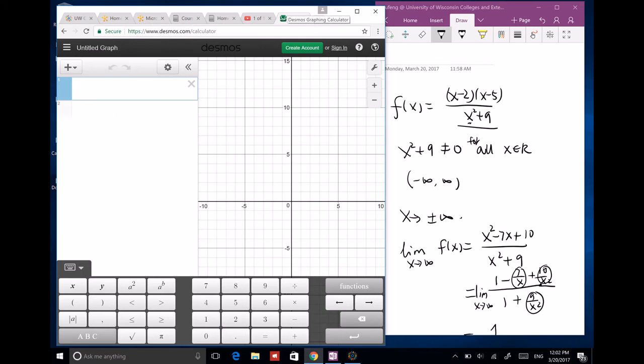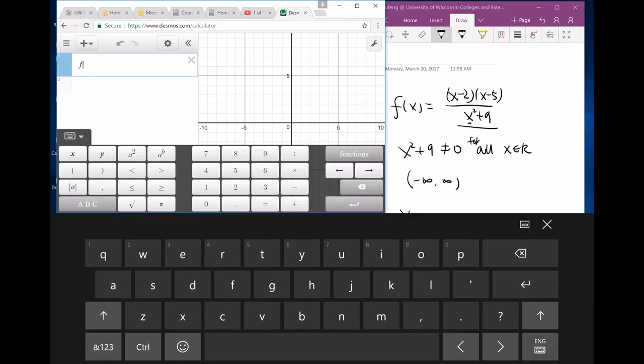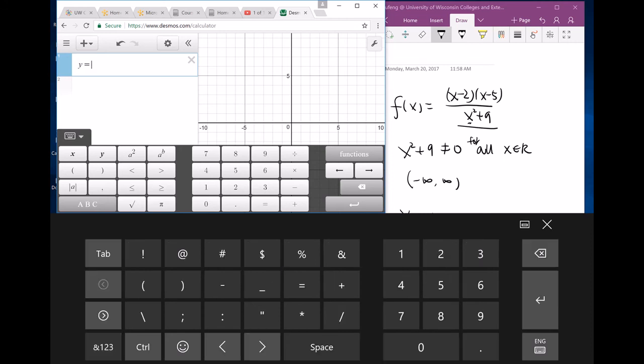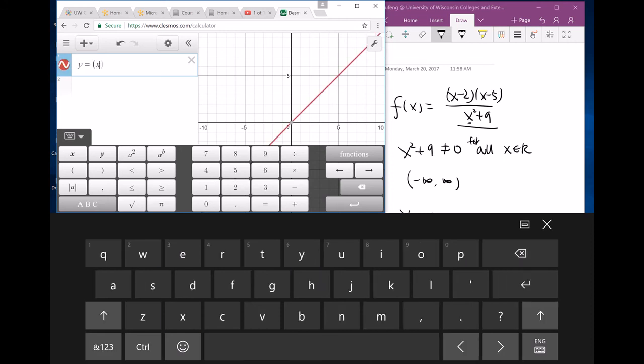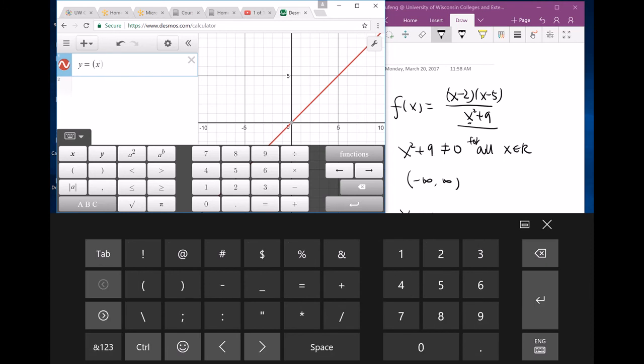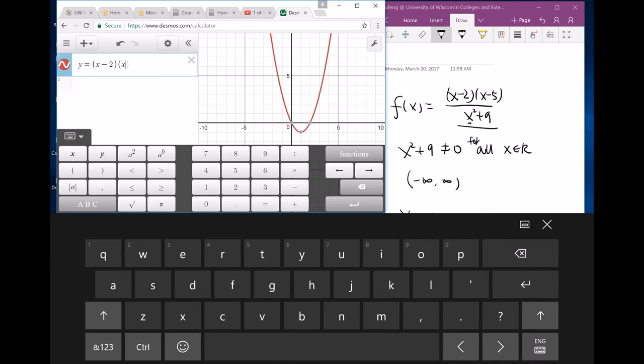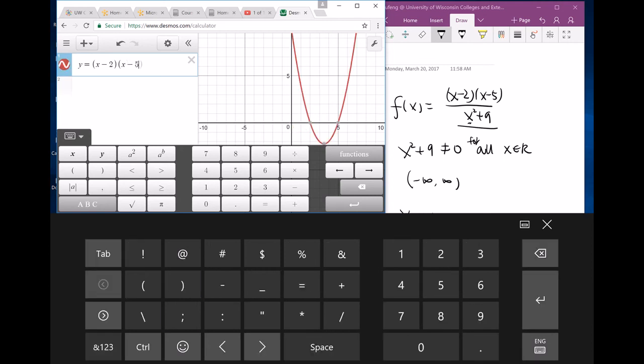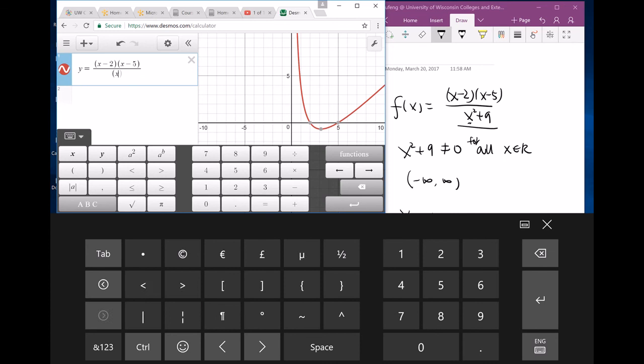Basically, you just type in your function: y equals (x minus 2) times (x minus 5), divided by (x squared plus 9).